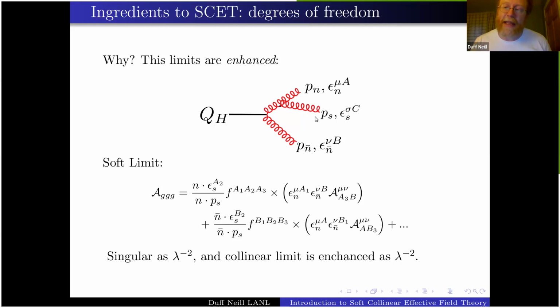I can expand them in that soft limit as given on my previous pages, and I will find that my 3 gluon decay amplitude is going to look basically like the product of my 2 gluon decay amplitude times these soft eikonal factors. And what's important about these soft eikonal factors is that they support a singularity that is going as 1 over lambda squared as lambda goes to 0.